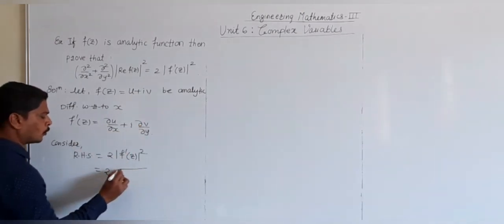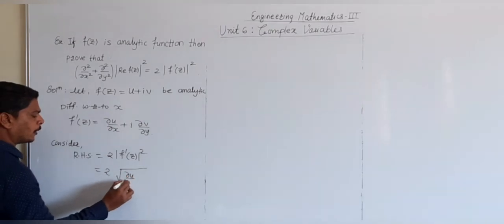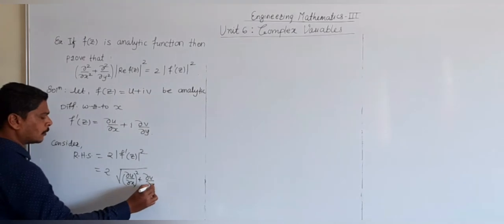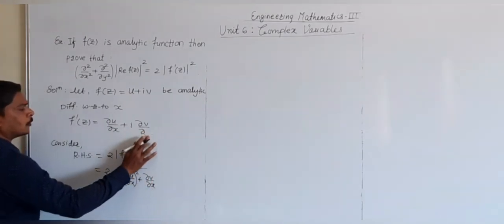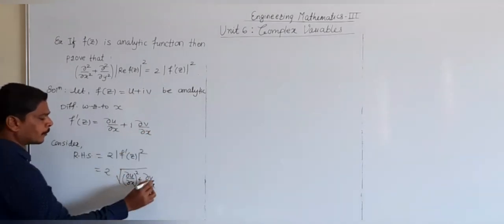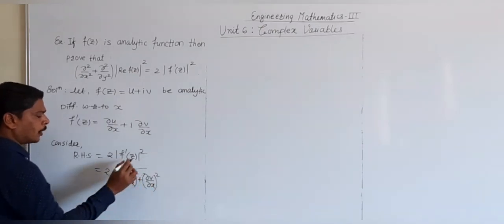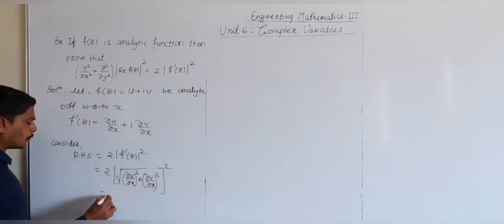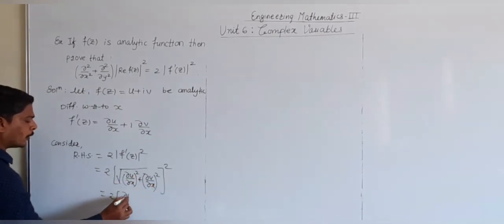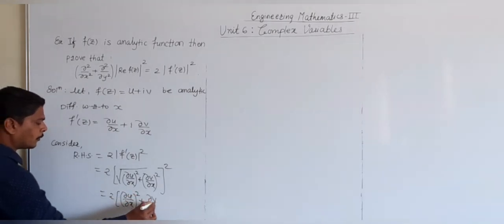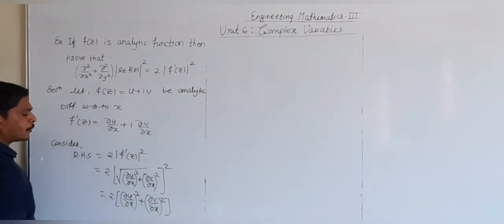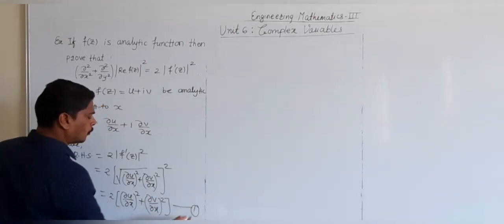So this becomes the square root of (∂u/∂x)² + (∂v/∂x)², the partial derivative with respect to x, and its square, the modulus whole bracket squared. So in that way we get 2 times [(∂u/∂x)² + (∂v/∂x)²]. So this is our RHS. So this becomes equation number 1.